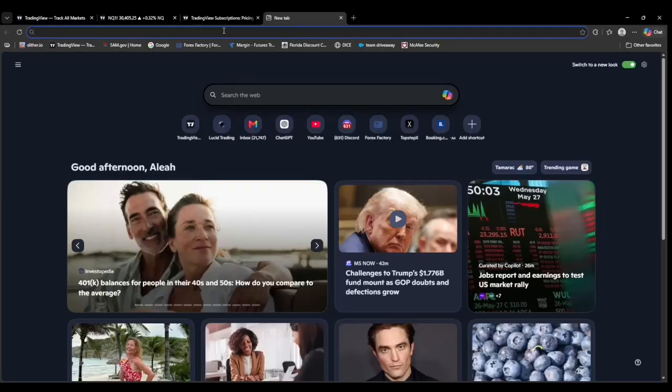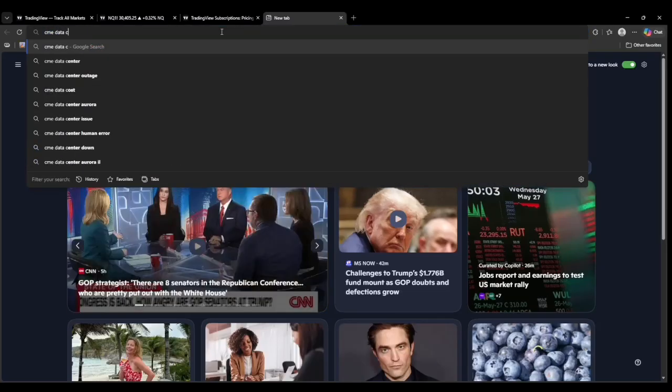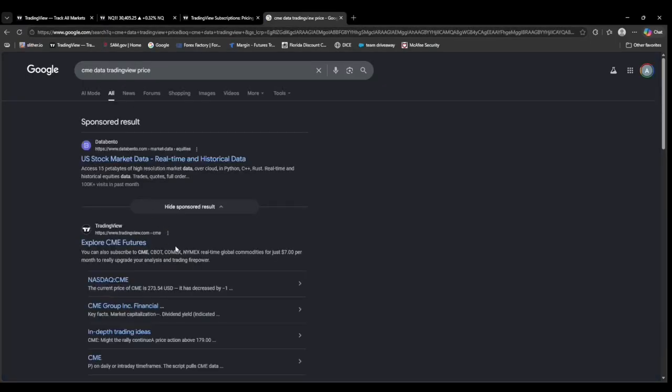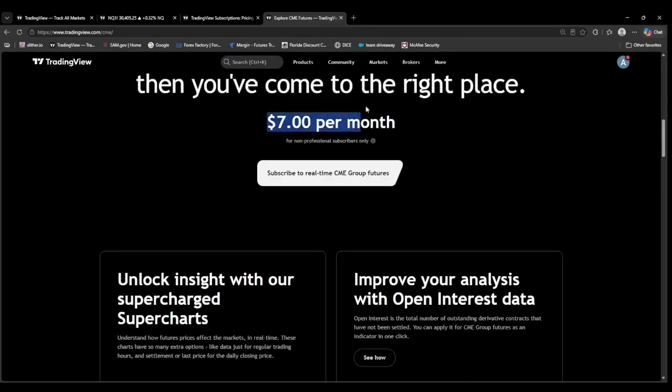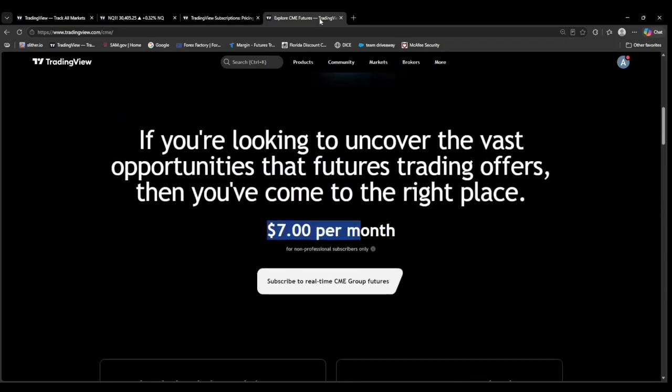Let's see. $7 a month, yes. So it's only $7 a month extra so that you can get live CME data. Okay, I pay for it. Real-time CME features is what they call it.